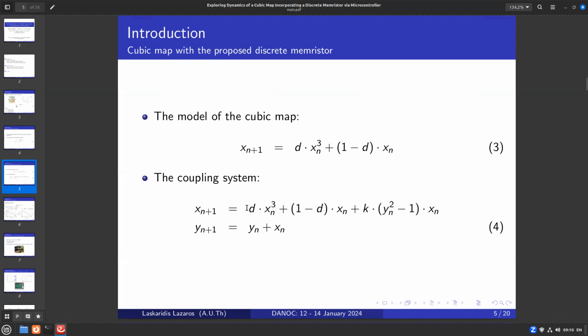The first part of equation 4 here is a cubic map, and we combine the cubic map with the discrete memristor, and now we are using the y square minus 1 function as a memristance.